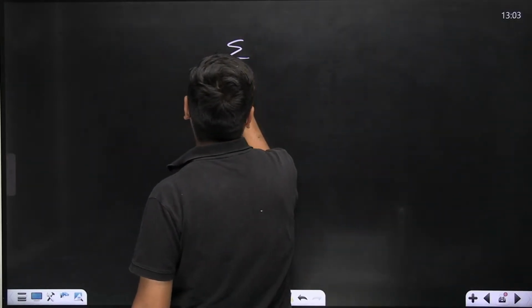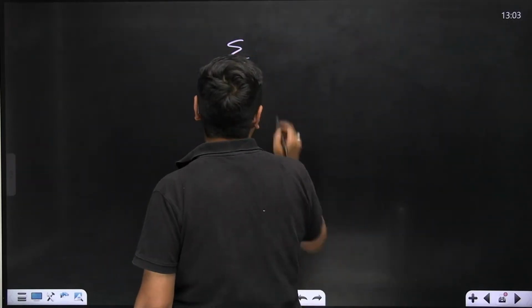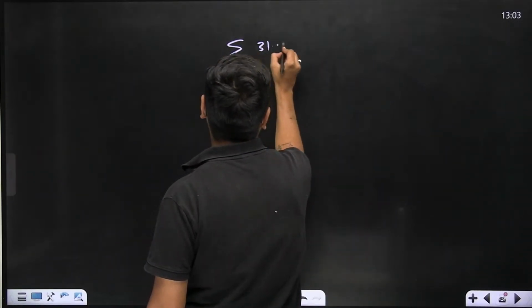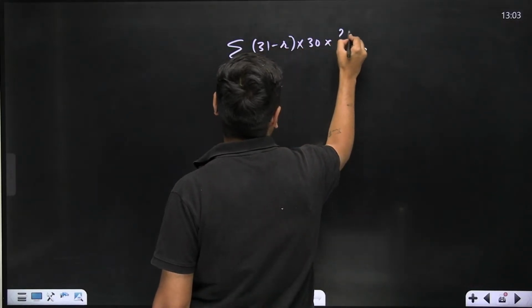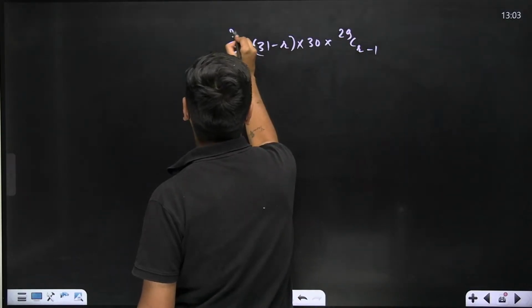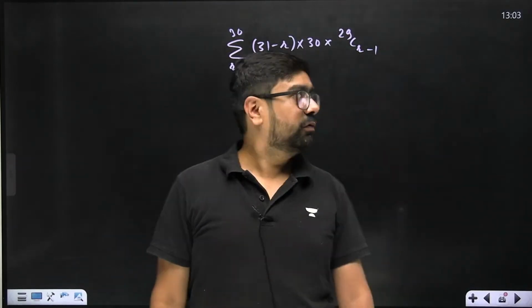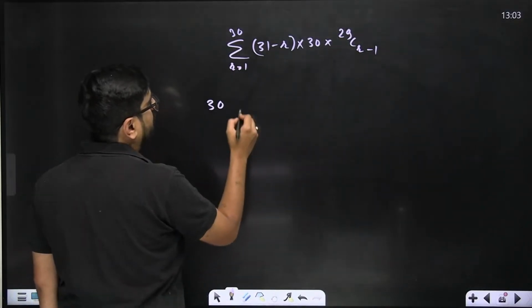So 31 minus R multiplied with 30 multiplied with 29CR minus 1, R is moving from 1 to 30. Alright. This is what we are supposed to find. Now 30 will come out of the summation, no problem.